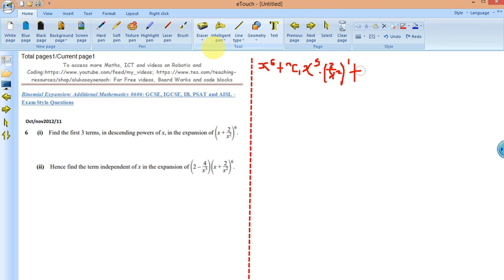I know my n to be 6 already, so I don't need to put n combination. It's actually 6 combination 1. Sorry about that. Then here now I have 6 combination 2.